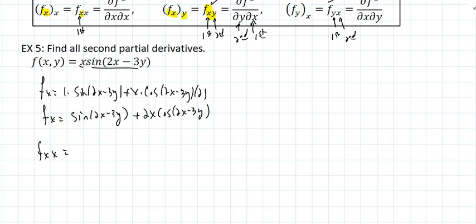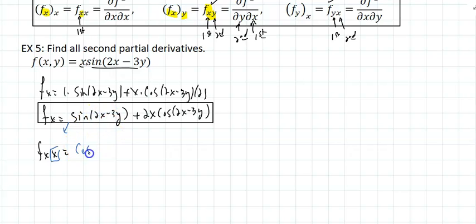So now I have the first derivative. You need the first derivative to take the second. So in the second I have two of them. One, I'm going to take a derivative of this with respect to x. That's the cosine of 2x minus 3y times 2, plus the product rule: derivative of the first times the second, plus the first times the derivative of sine, negative the sine of 2x minus 3y, times another 2.